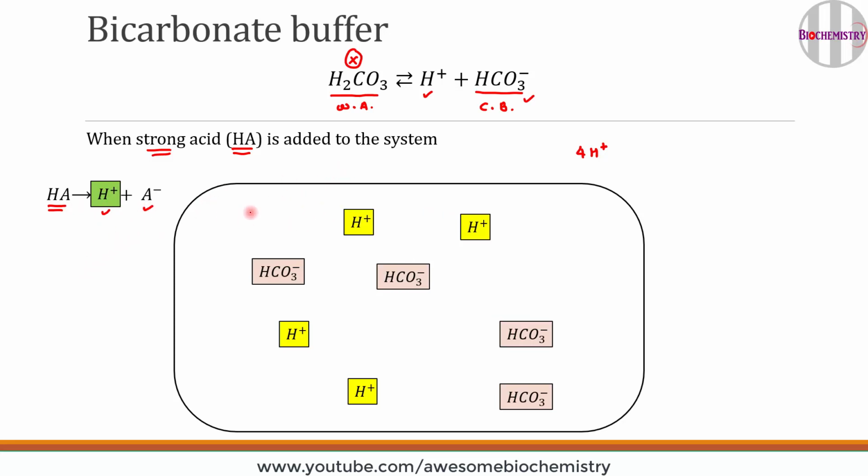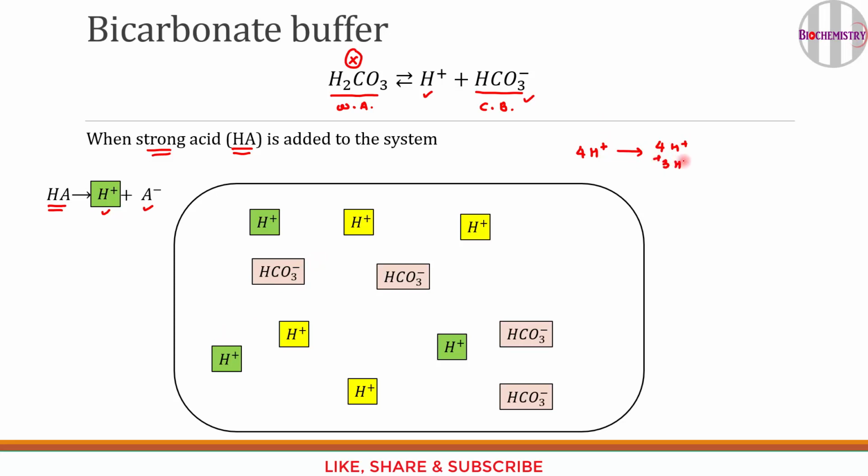So when such a strong acid is added into this system, there will be the appearance of extra H plus and extra A minus. Here I have again not shown the A minus ions, rather only H plus ions are shown. So suppose 3 H plus ions are added because of the addition of this strong acid. So now we have the initial 4 H plus and these 3 extra H plus ions which are added by this strong acid.